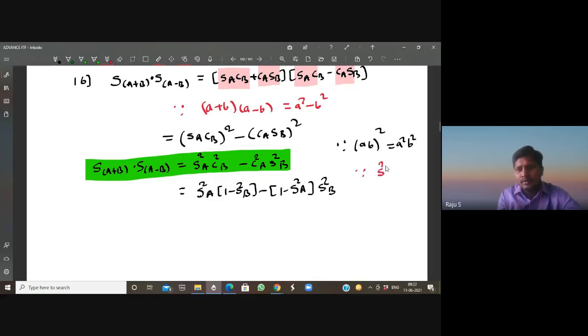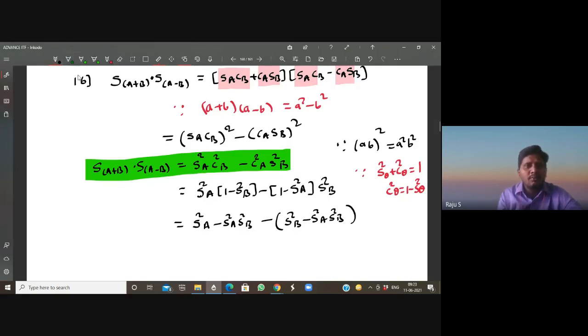Since we know that sin square theta plus cos square theta is equal to 1, from this cos square theta can be written as 1 minus sin square theta. Understood? Cos square can always be written as 1 minus sin square. Now multiply: sin square A minus sin square A sin square B, minus bracket sin square B minus sin square A sin square B.